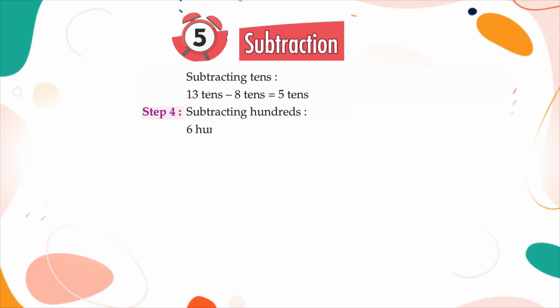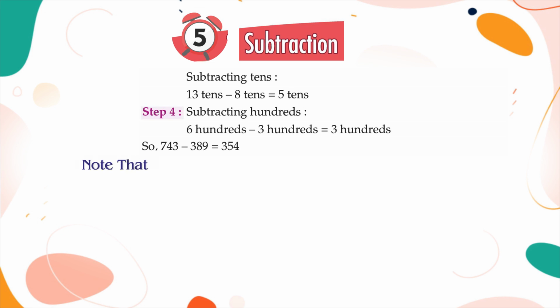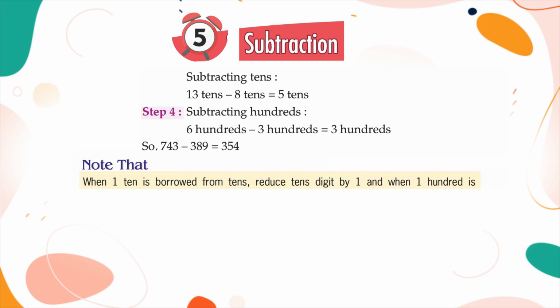Subtracting hundreds. 6 hundreds minus 3 hundreds is equal to 3 hundreds. So, 743 minus 389 is equal to 354. Note that when 10 is borrowed from tens, reduce tens digit by 1, and when 100 is borrowed from hundreds, reduce hundreds digit by 1.